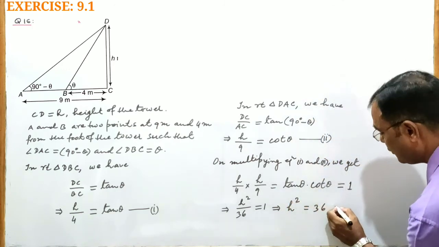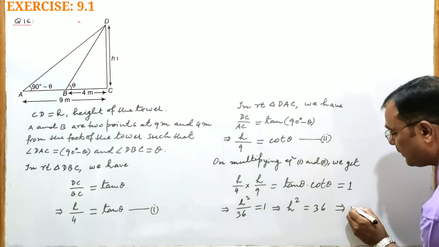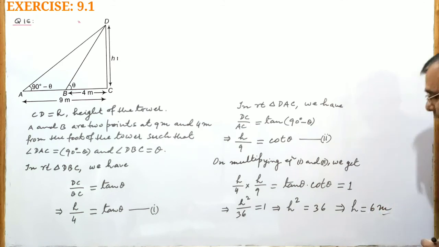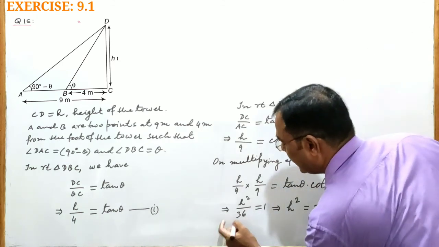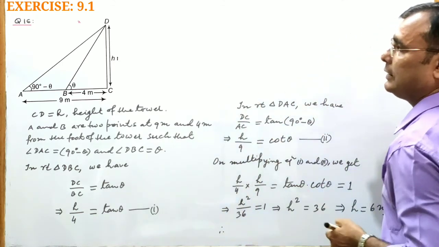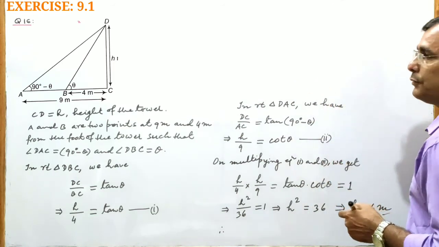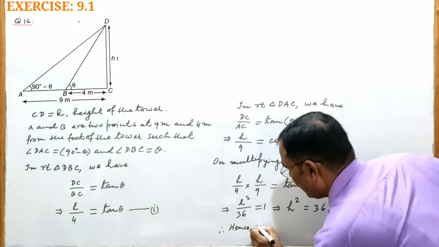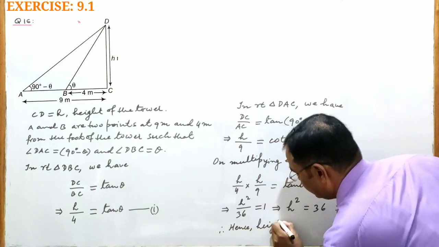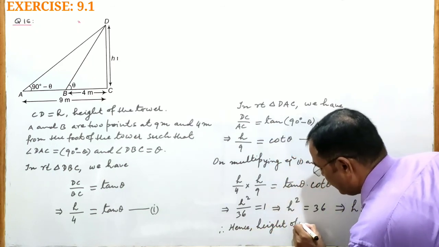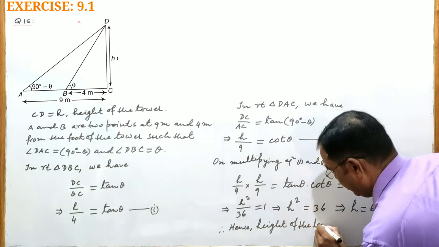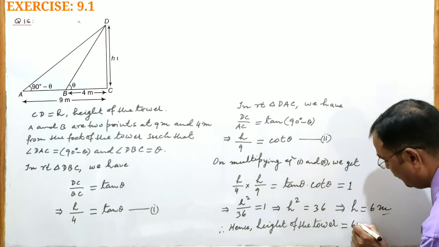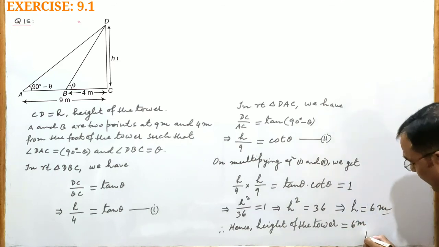If you take the square root, you will find h is equal to 6 meter, and this is the height of the tower CD in this figure. So hence the height of the tower is equal to 6 meter, hence proved.